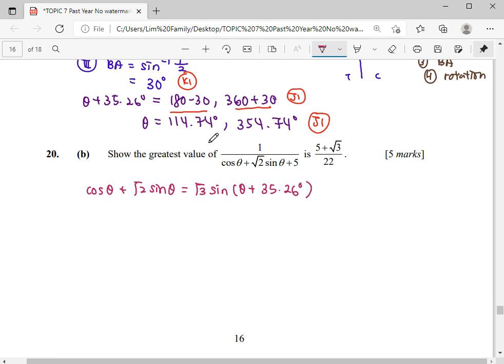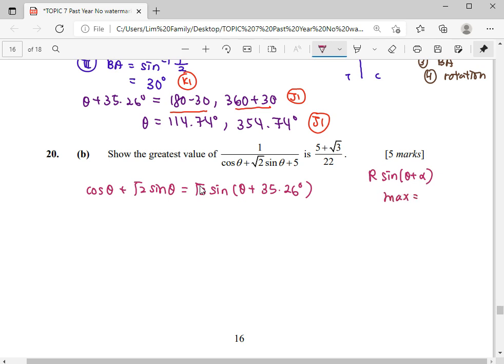How do we read the maximum value and minimum value? If we have r sine theta plus alpha or r cos theta plus alpha, the maximum value will be square root 3.